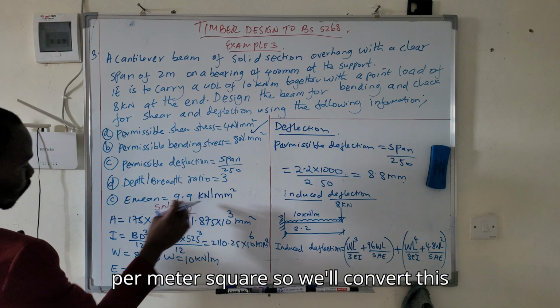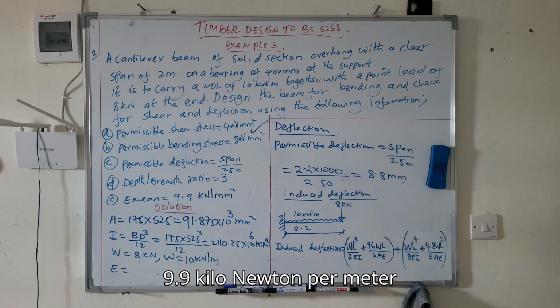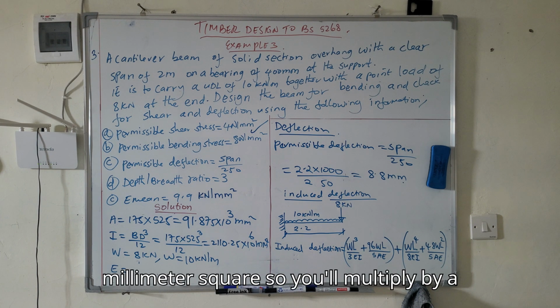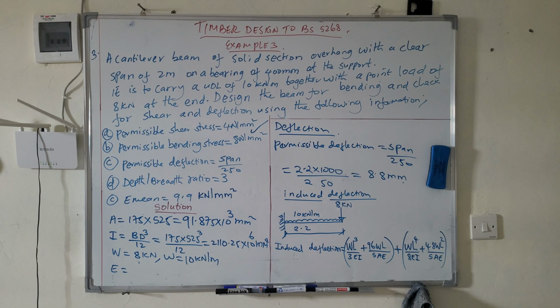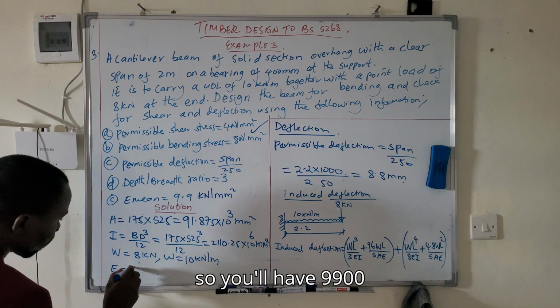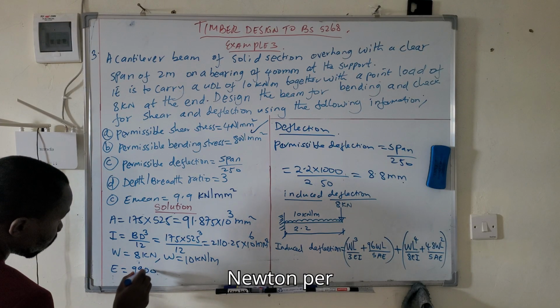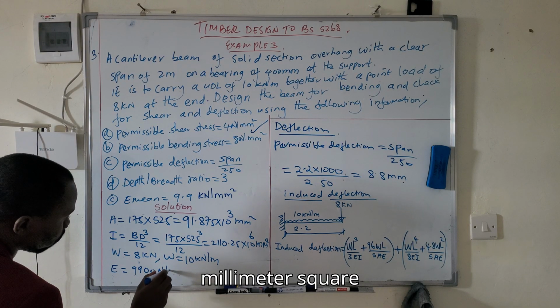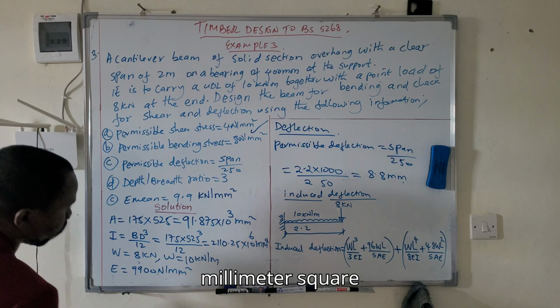So we'll convert this 9.9 kilonewton per meter square to Newton per millimeter square. So you'll multiply by 1,000. So you'll have 9,900 Newton per millimeter square.